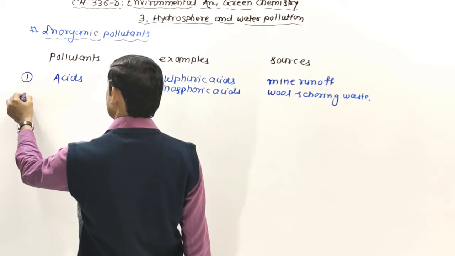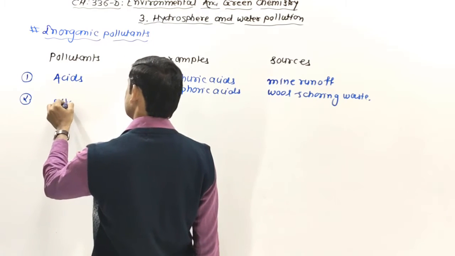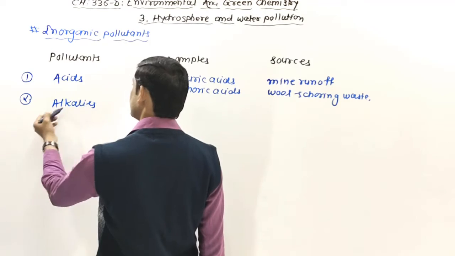The second class of inorganic pollutant is alkalis.